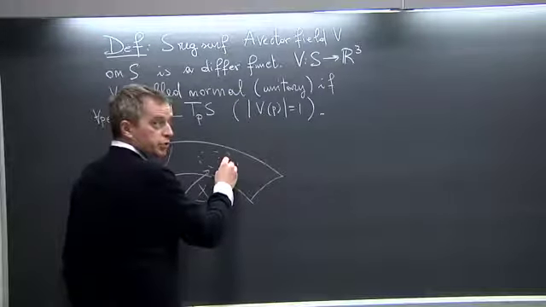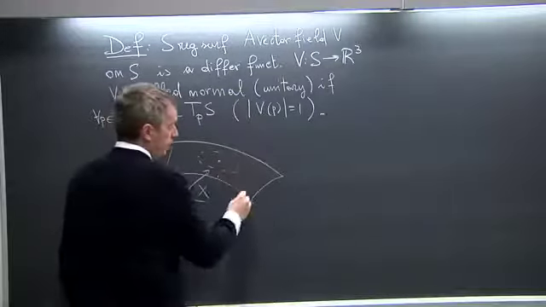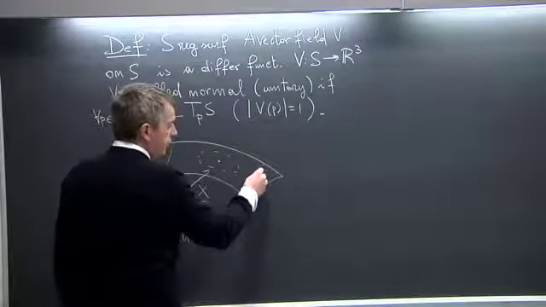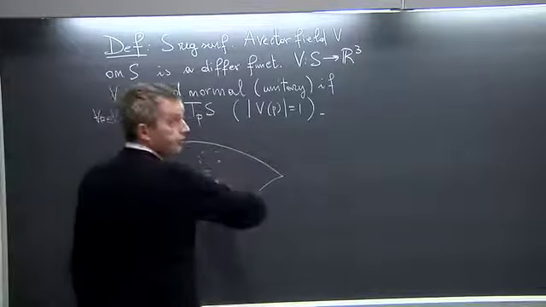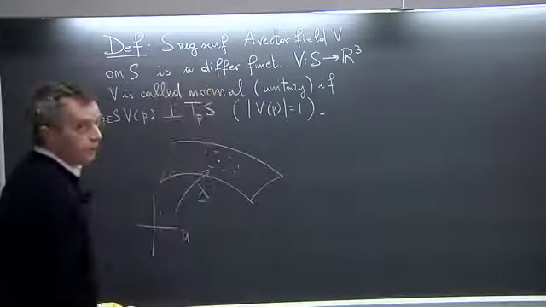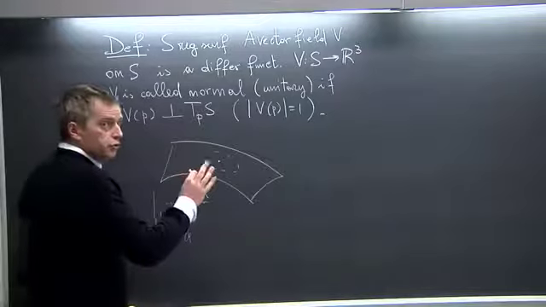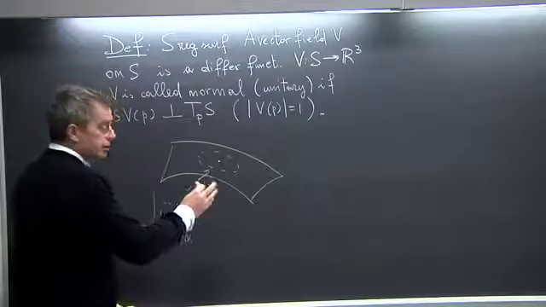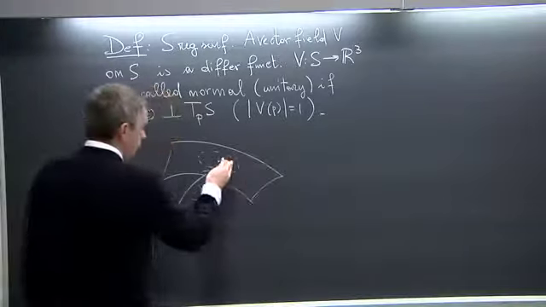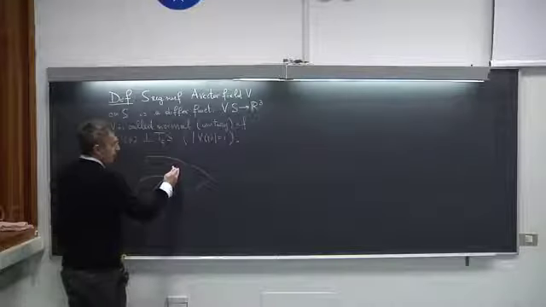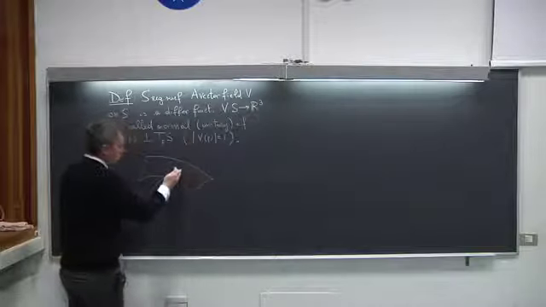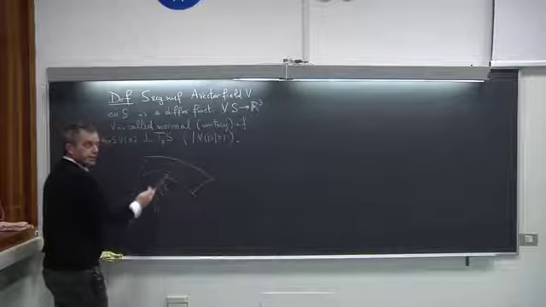It's a map which assigns to every point of the surface, not even inside the local chart. I mean, this local chart might be here, here, here. A differentiable map to R3. We will often make a confusion. You have to be clear about this. It's an irrelevant confusion, but it's a confusion, so we have to emphasize it. The map V, the vector field on S, composed with X inverse.